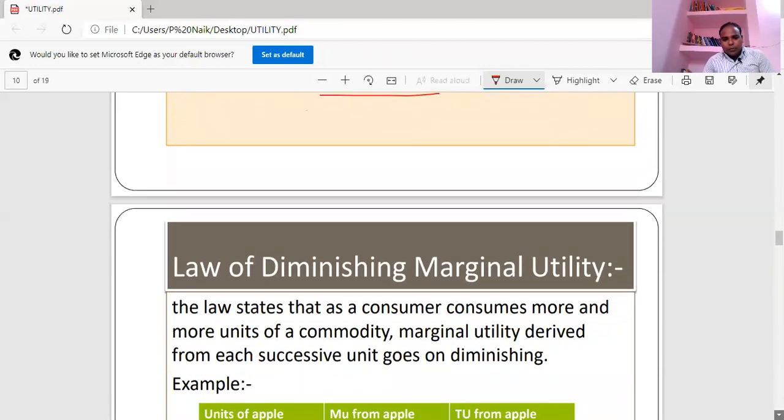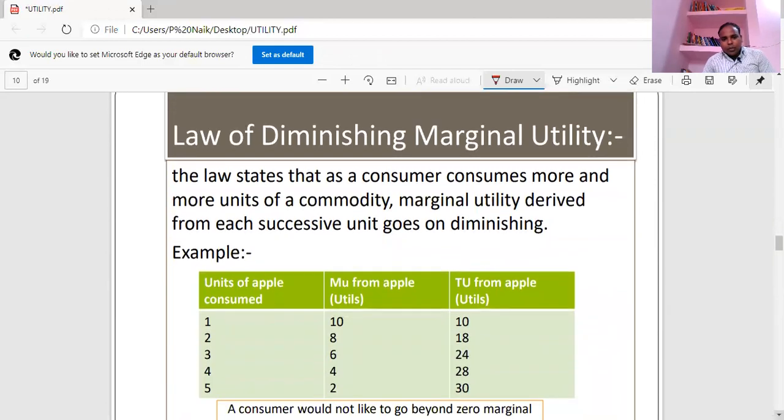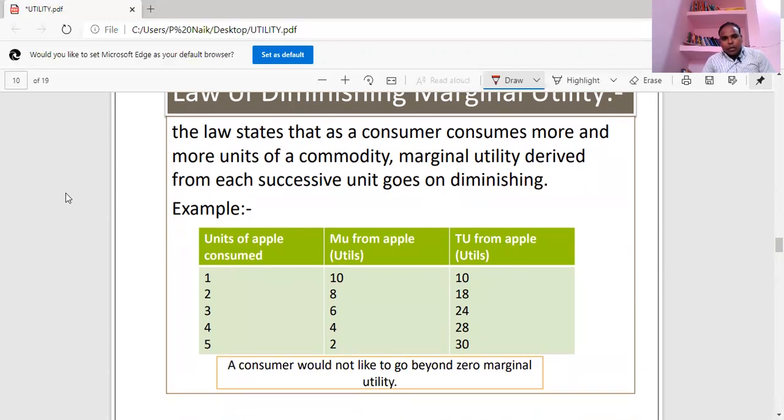Now we will discuss the law of diminishing marginal utility. The law states that as a consumer consumes more and more units of a commodity, the marginal utility derived from each successive unit goes on diminishing.